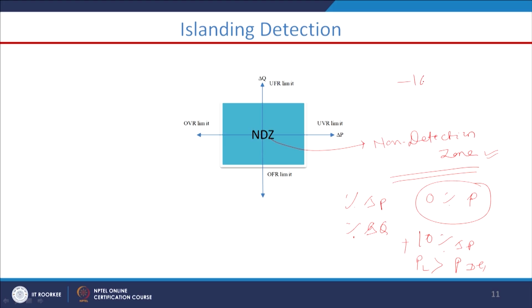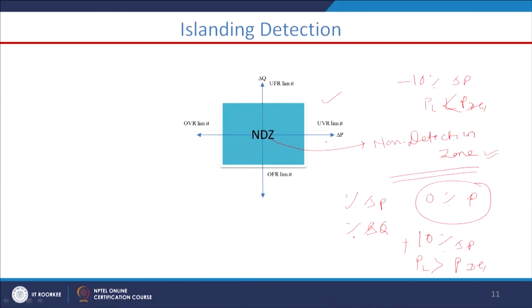If it is minus 10% del P, then the condition is that P L is less than P DG. These are very important points we will follow in the next class, the impacts of these power mismatch conditions on the islanding detection algorithms.